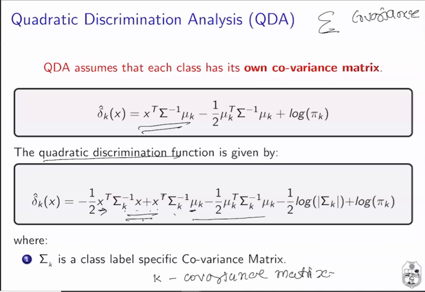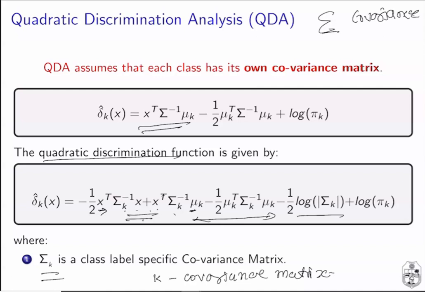Like this, you need to expand the third term also, and the fourth term is simple to calculate: minus half of log of the determinant of the covariance matrix sigma k, plus log of pi k.